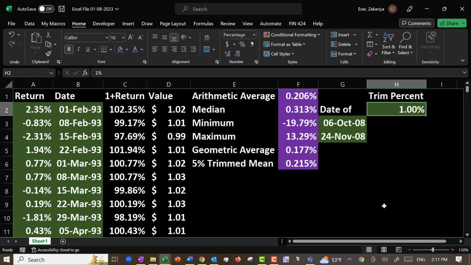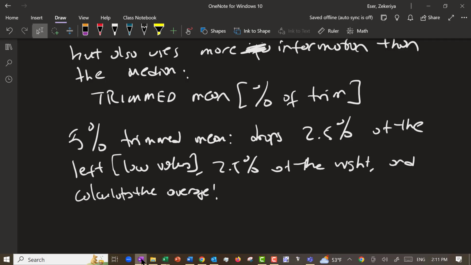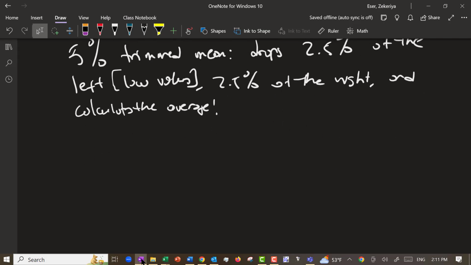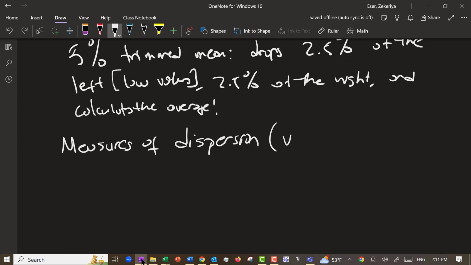So we're going to do what we call measures of dispersion or volatility. We can come up with a lot of different names, but since these are returns, we also view these as measures of risk.